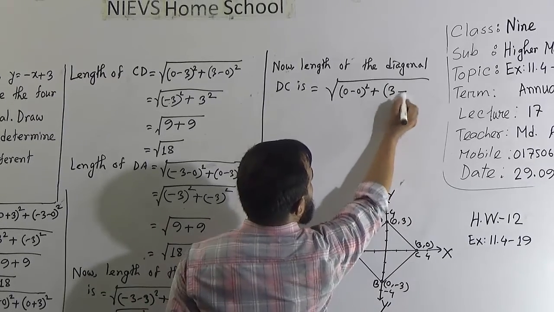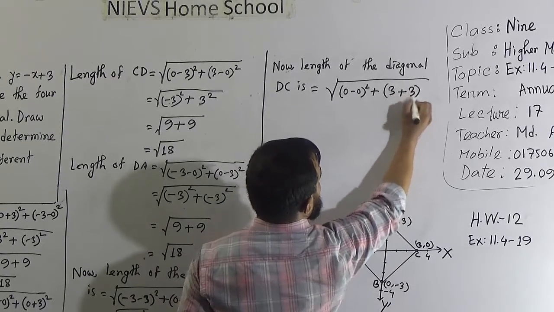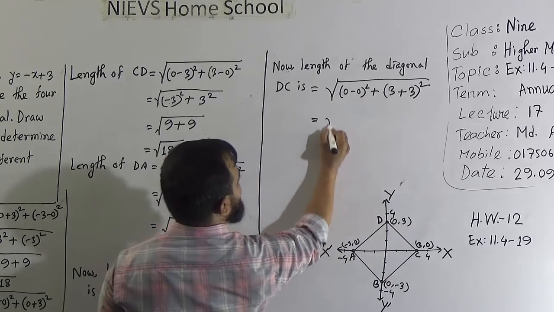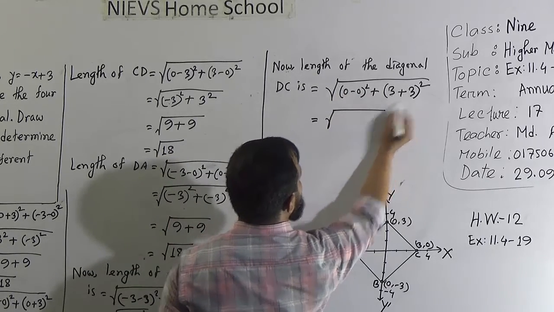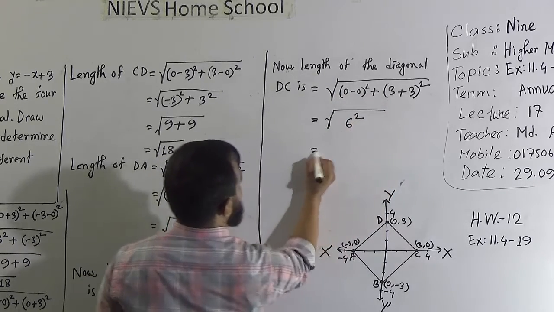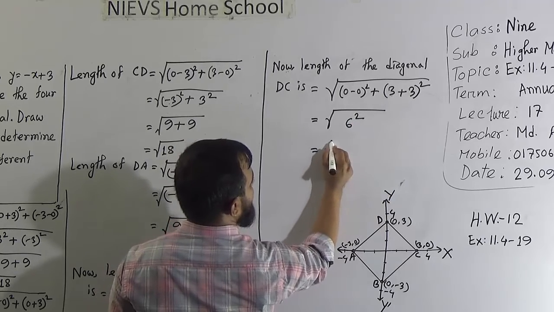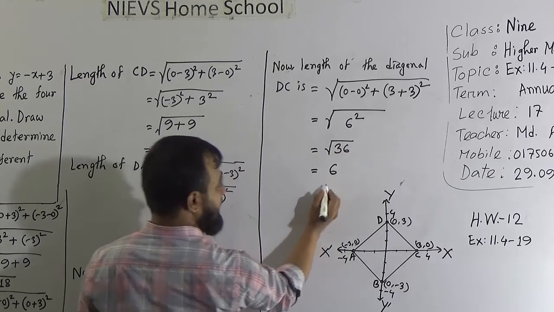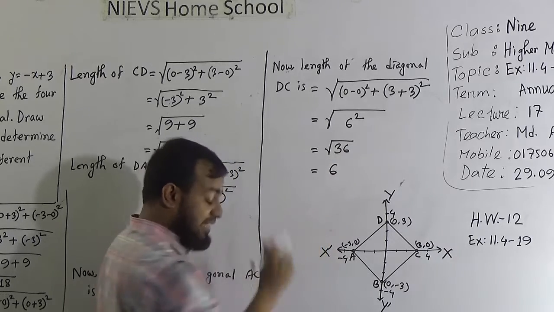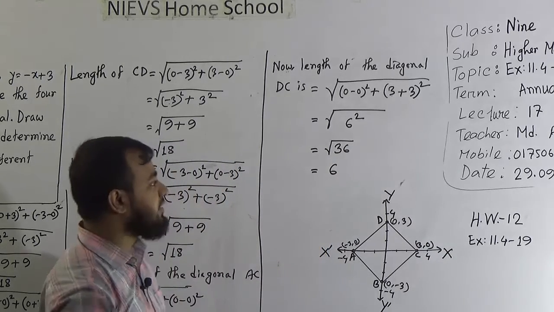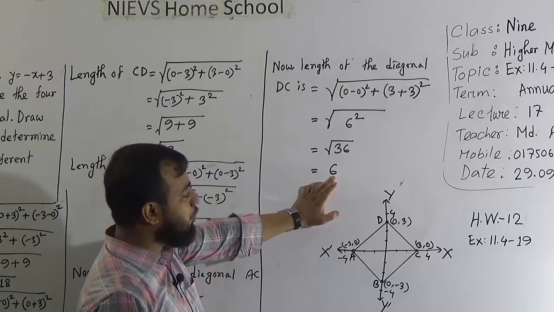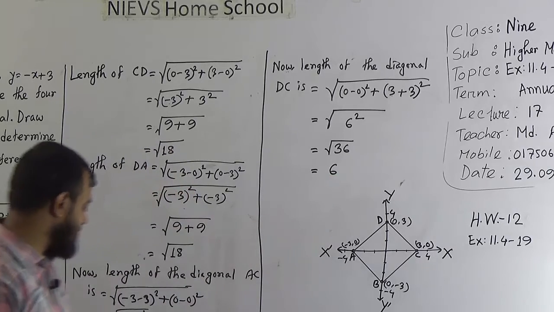So 3 minus minus means plus 3, whole square. 0 is no need to write, and 3 plus 3 equal to 6 square, okay. Now it's square root of 36, 6 square means 36, that's why you can write 6 directly. Square root of 36 equal to 6, we write 6 here because length cannot be negative, okay. Now my students, both the diagonal lengths are 6 units.